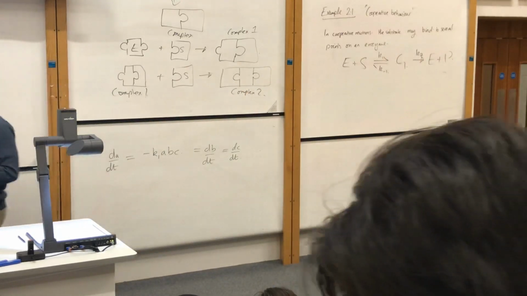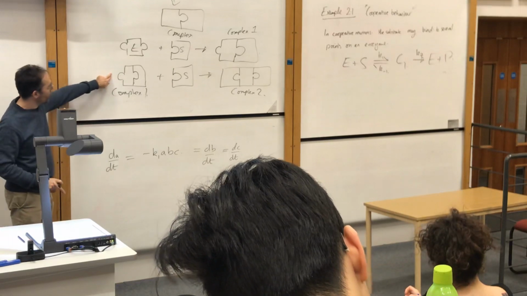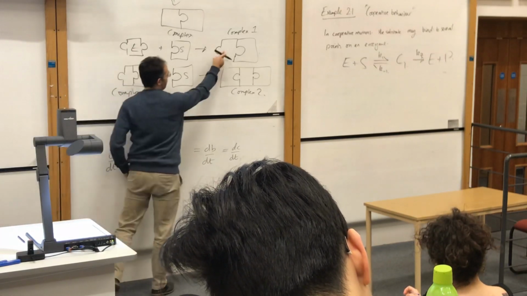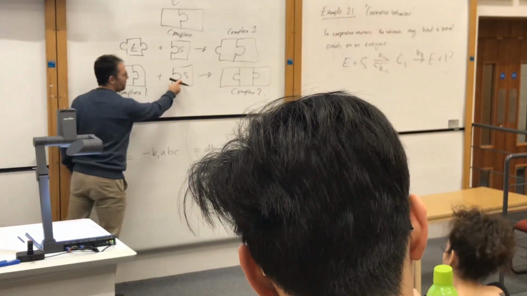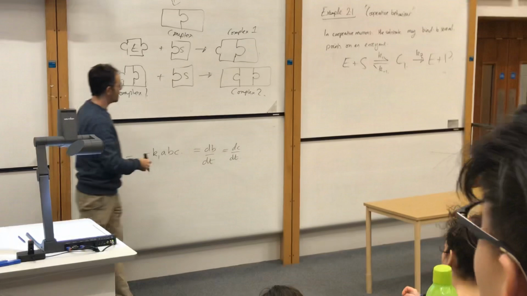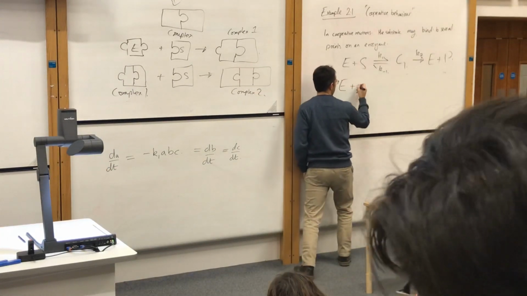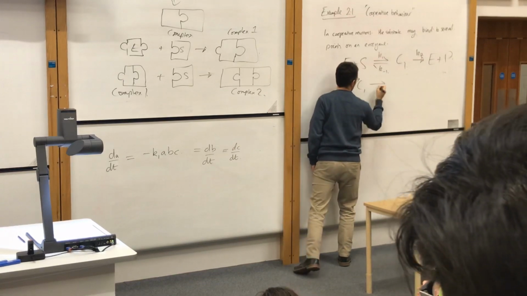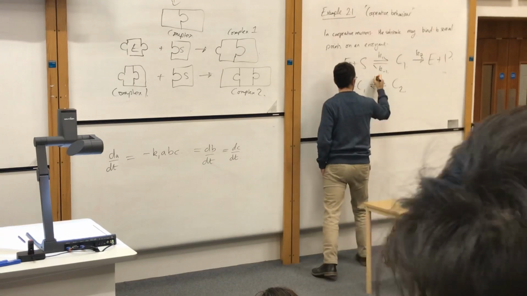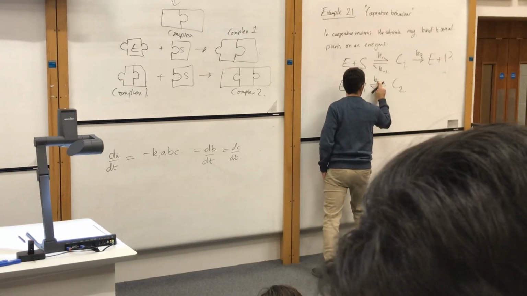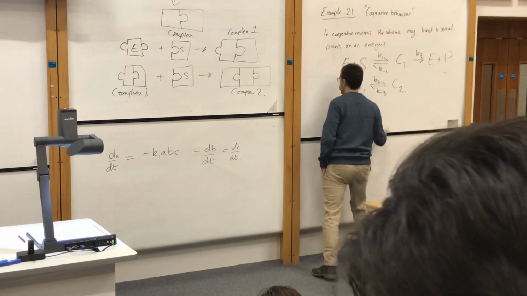But of course, we now have to count that there's potentially this second step where this complex, which has got this extra binding site, could also add another molecule of substrate. So effectively, that second one says that E plus C1 goes to form the second complex C2. For this one, K3, K minus 3.